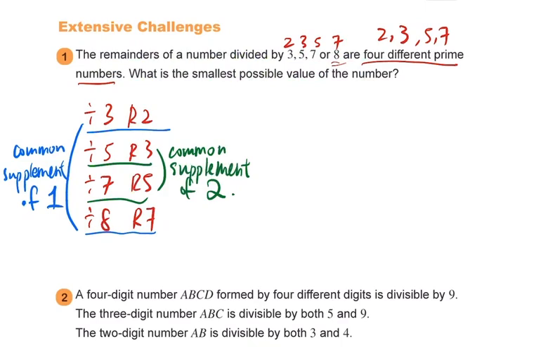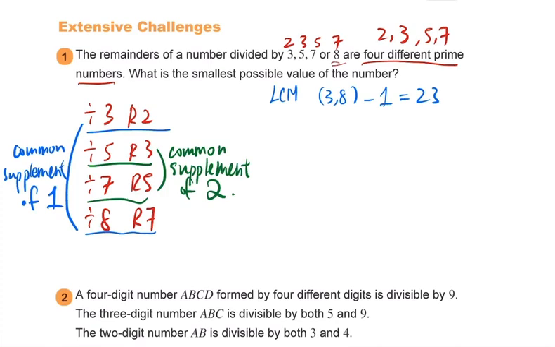First of all, we're going to find the LCM of 3 and 8, and then take away 1 from that to find the smallest possible value of a number that satisfies the first and the last conditions.